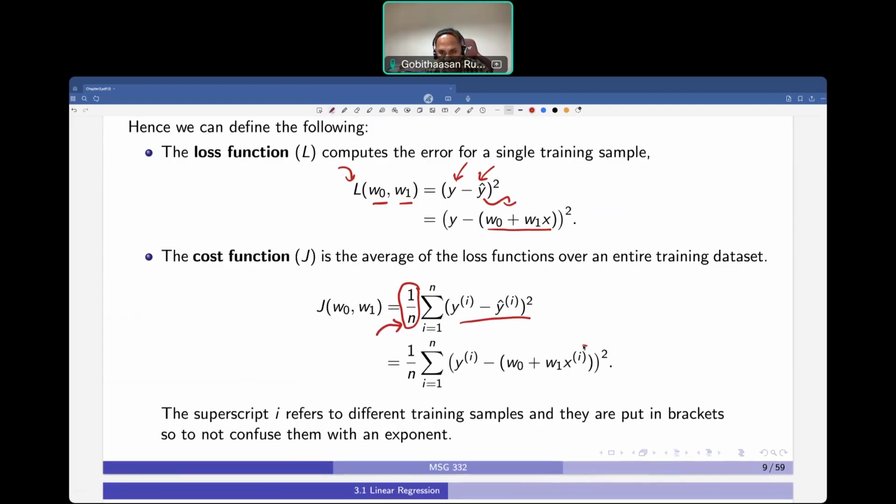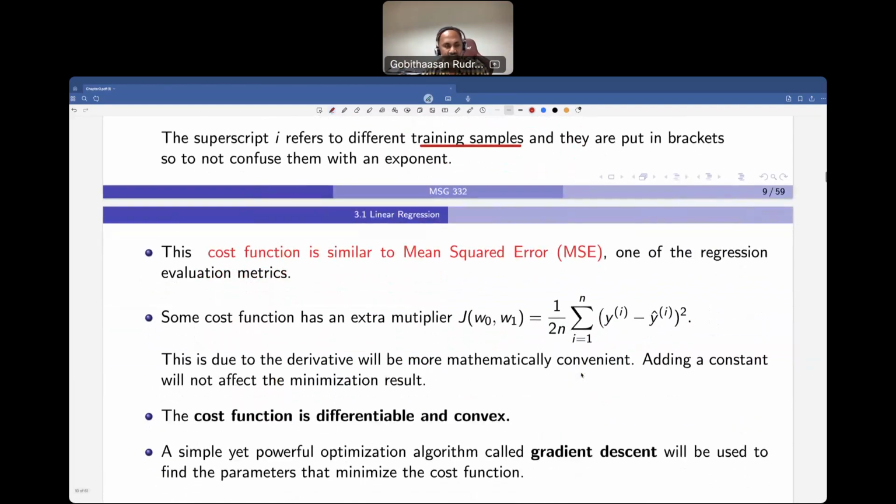Again, the subscript is not a power of x_i; rather, the subscript refers to different training samples. The training samples are the points that you are going to give to the regression model to do the fitting. The cost function is similar to the mean squared error, one of the regression evaluation metrics. We are so used to using this mean squared error.